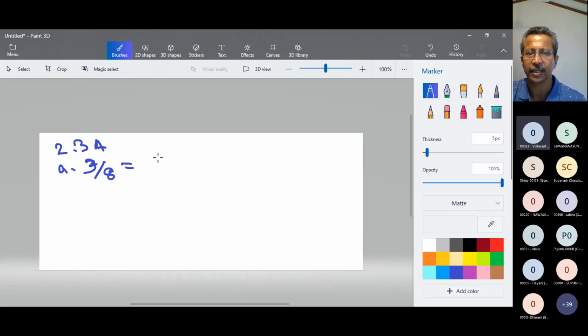What is the decimal? It's 0.375. Now we have to make it a percentage. What we learned was to make a percentage, we move the decimal two places to the right. So it's 37.5%. Clear to everyone?